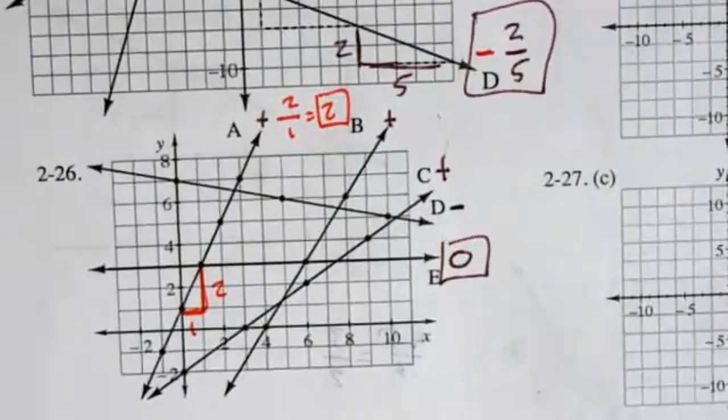Make sure you're drawing those slope triangles. Sketch those slope triangles in while you're doing this. Draw those triangles and then write the numbers in next to them too.